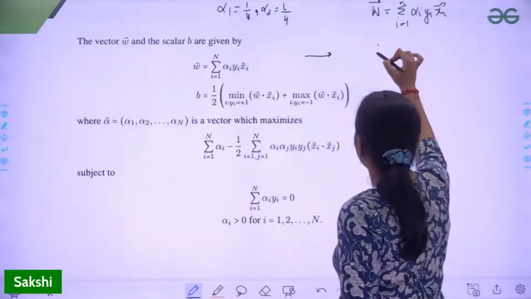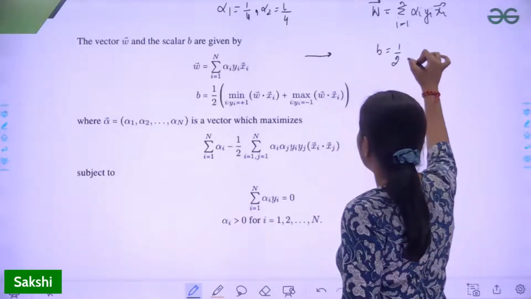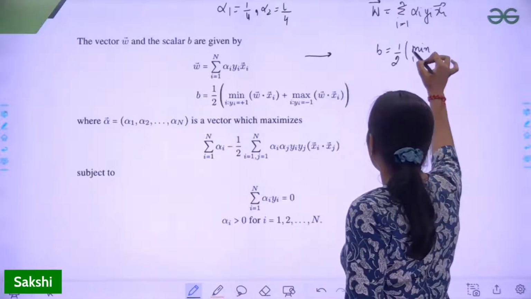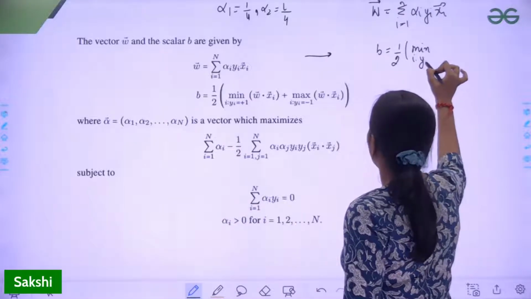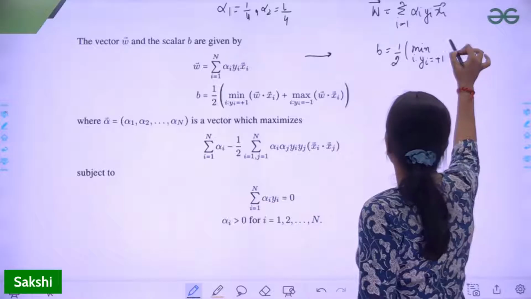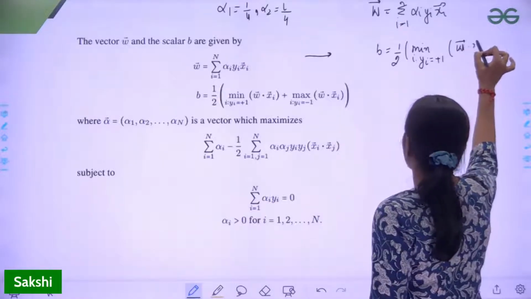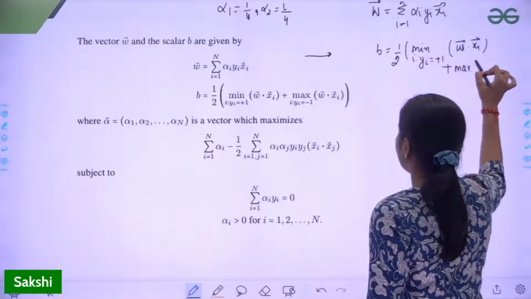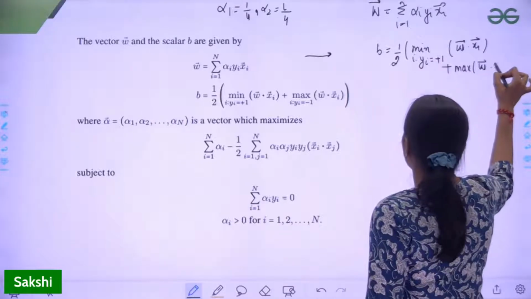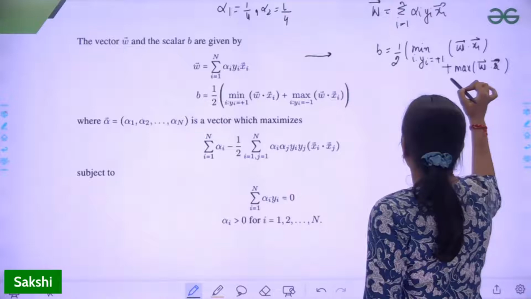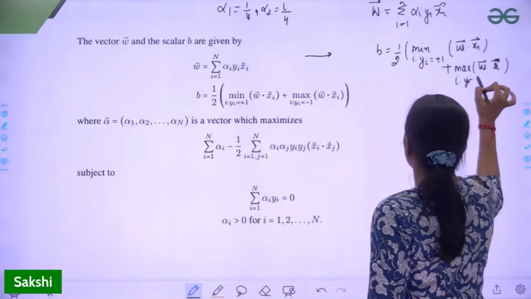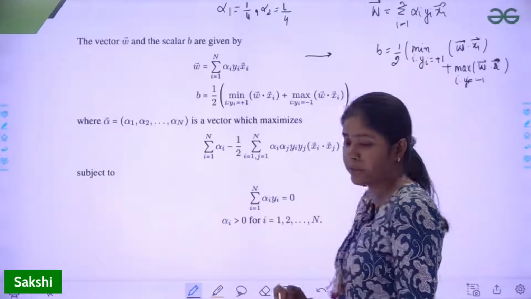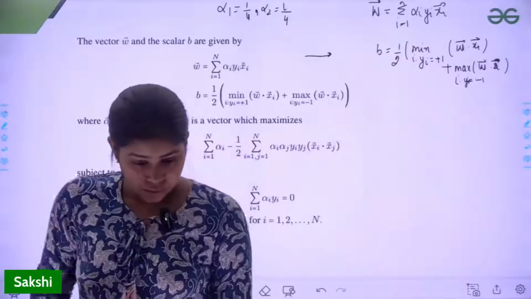And b is 1 by 2 times the minimum over i with yi equal to plus 1 of w vector dot xi vector, plus the maximum over i with yi equal to minus 1 of w vector dot xi vector. I have to find these w and b.